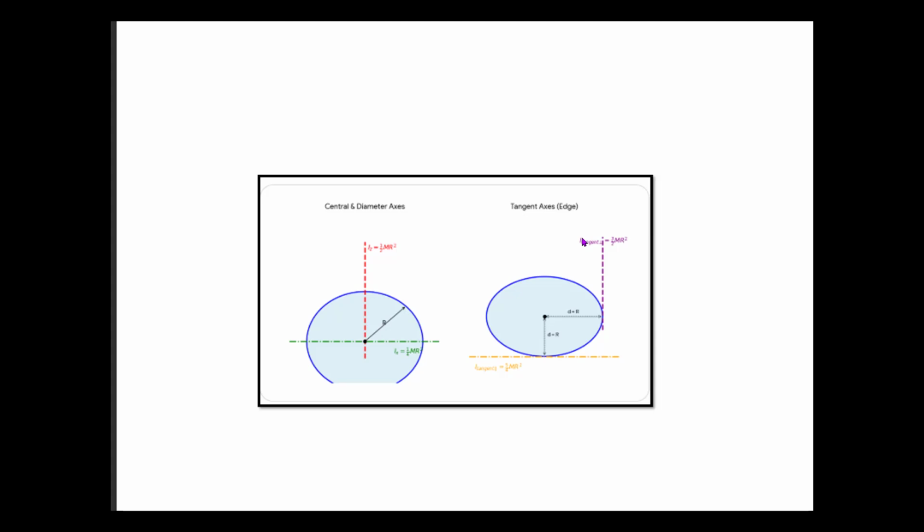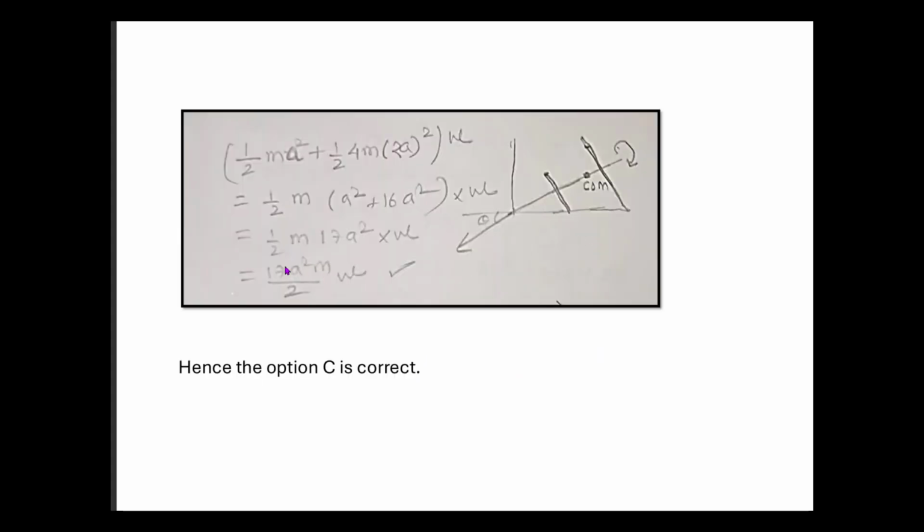Now let us find the moment of inertia about the central axis for the two disks and add them. It's a simple, straightforward calculation. For the first disk, the mass is m and the radius is a, so we will get half m a square. For the second disk, the mass is 4m and the radius is 2a, so we will get half 4m (2a) square.